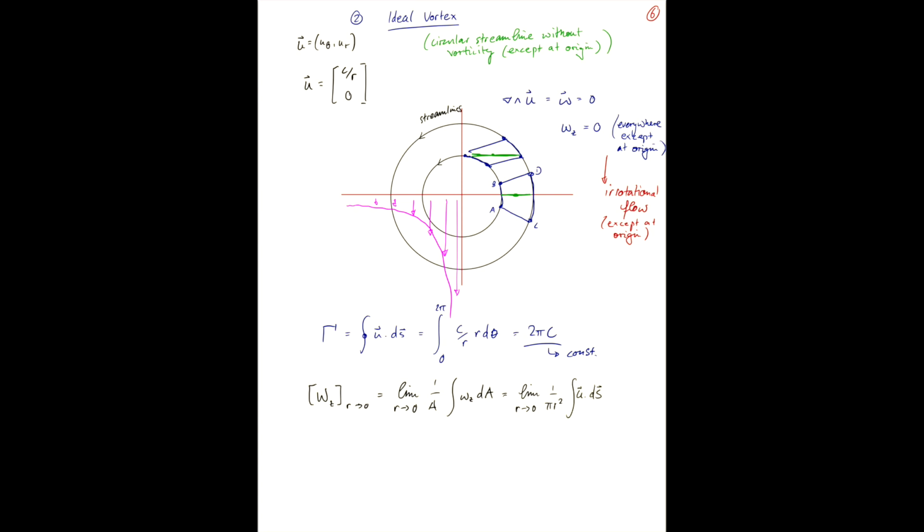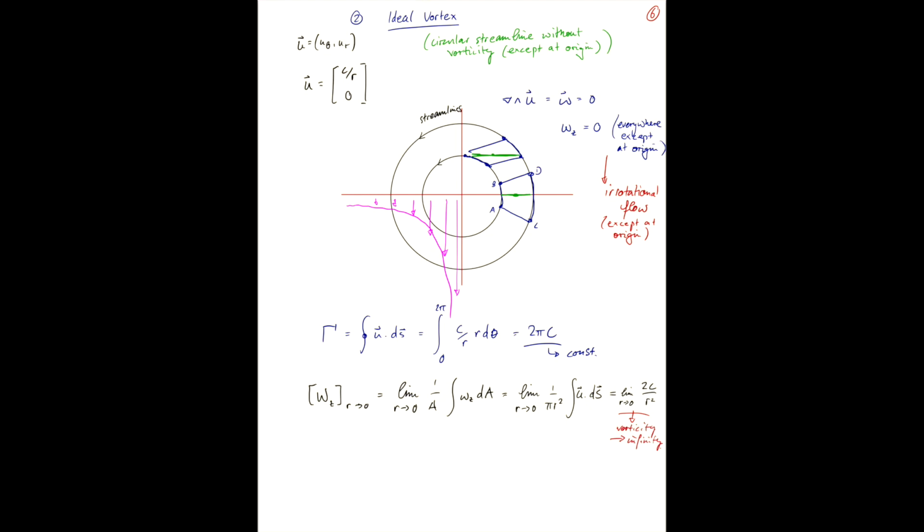And u dot ds we just calculated as 2 pi c. So it really is just the limit as r goes to 0 of, and now the pi cancels, 2c over r squared. So that's why we know that at the origin here, our vorticity goes to infinity.